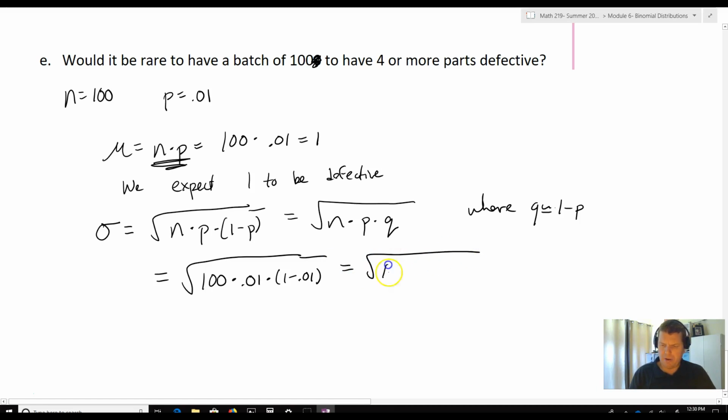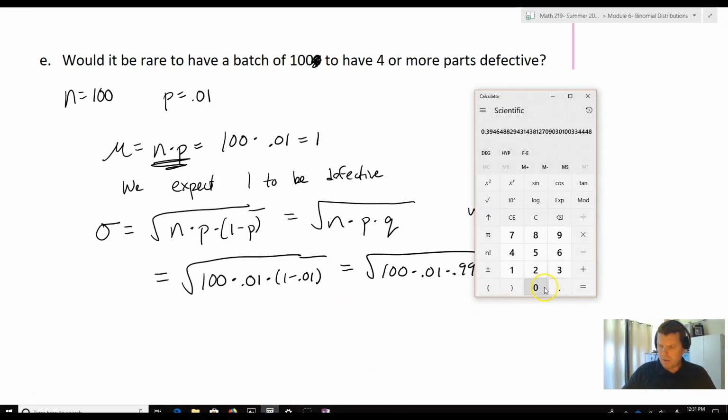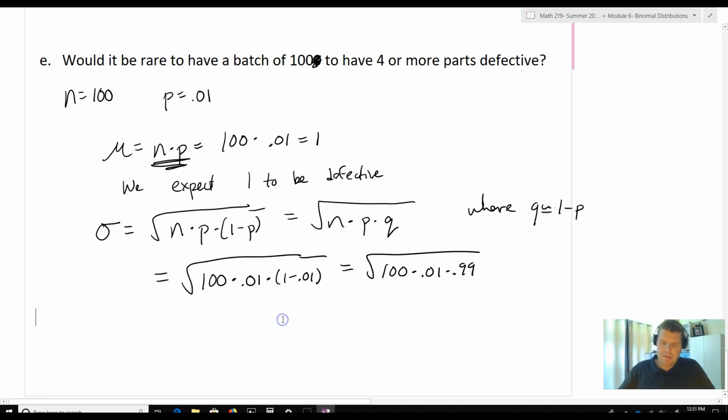So it equals 100 times 0.01 times 0.99. Okay? So 100 times 0.99 times 0.01. And then we square root it. That is going to be 0.9949 or 0.995. So this is approximately 0.995, and that's the standard deviation.